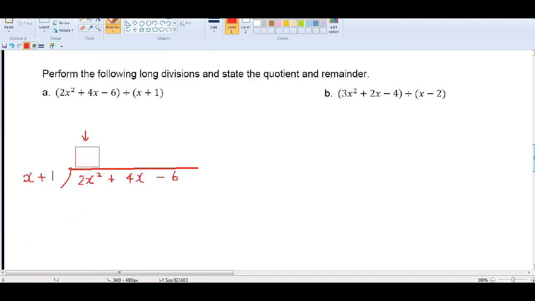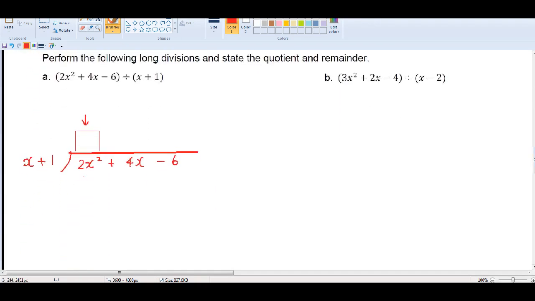If we want to cancel that 2x squared, the best way is to divide it by the leading term in the divisor. The leading term in the dividend is 2x squared, and the leading term in the divisor is x.